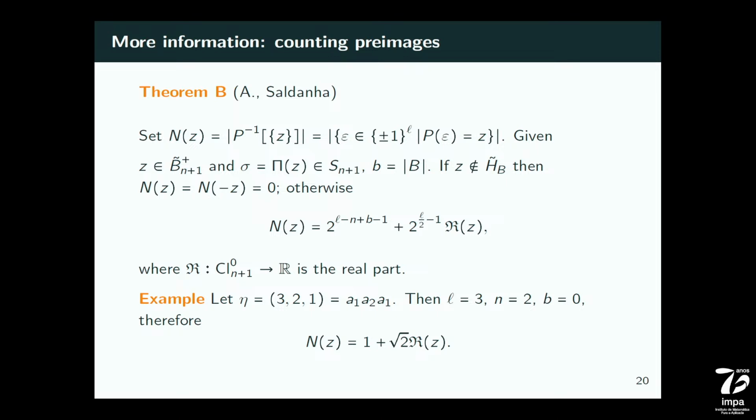So for example, for η 3, 2, 1, like this, L is equal to 3, N is equal to 2, B is 0, and Z is given like that. So if the real part of Z is 0, we have just one cell. If the real part is minus 1 divided by square root of 2, in this case we have 0. And if the real part is 1 divided by square root of 2, we have 2, like we saw before, okay?